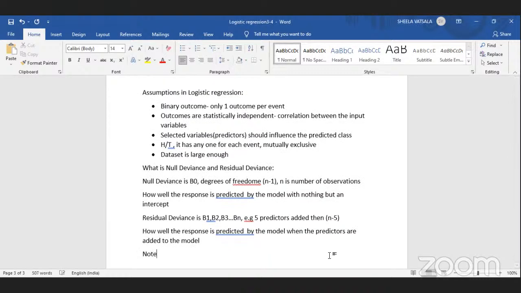Always remember, there should be a good difference in the accuracy.